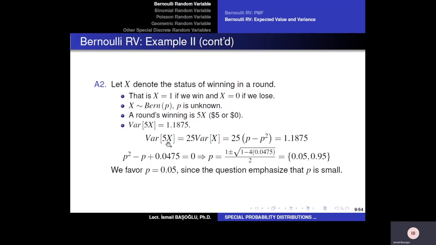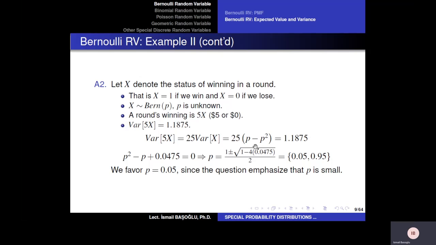Therefore, variance of 5X will be equal to 25 times variance of X. And the variance of a Bernoulli random variable is equal to p times 1 minus p, or in other words, p minus p squared. And this value should be equal to 1.1875, as this information is provided by the question.